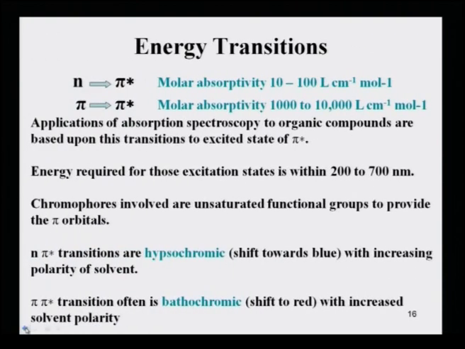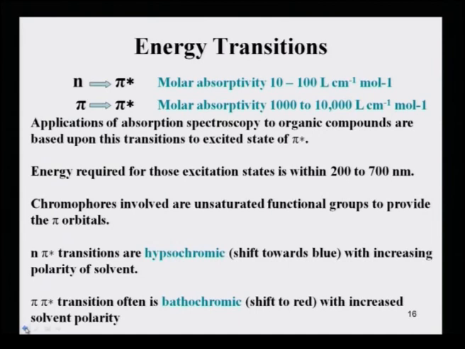The energy transitions which are more popular are the n to pi star and pi to pi star. They have molar absorptivity in the range of 10 to 100 liters per centimeter per mole, and pi to pi star is still more popular, with a molar absorptivity between 1000 and 10,000 liters per centimeter per mole.